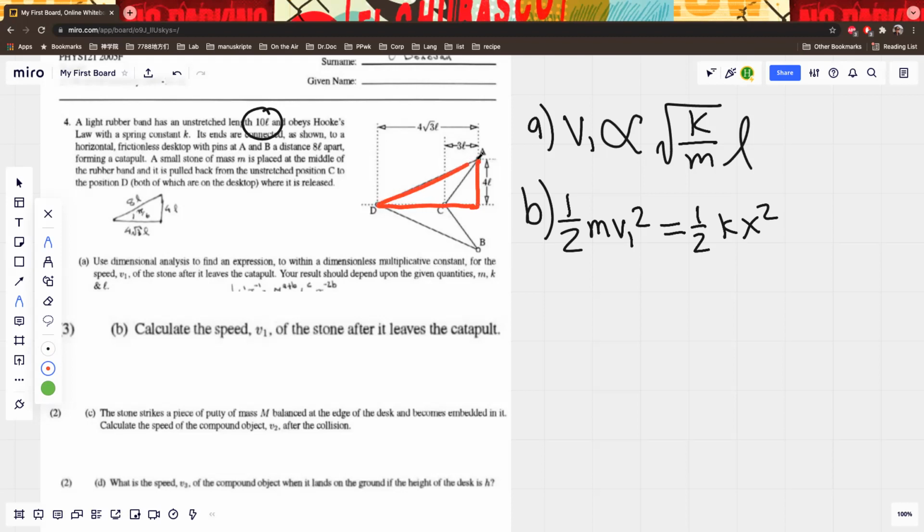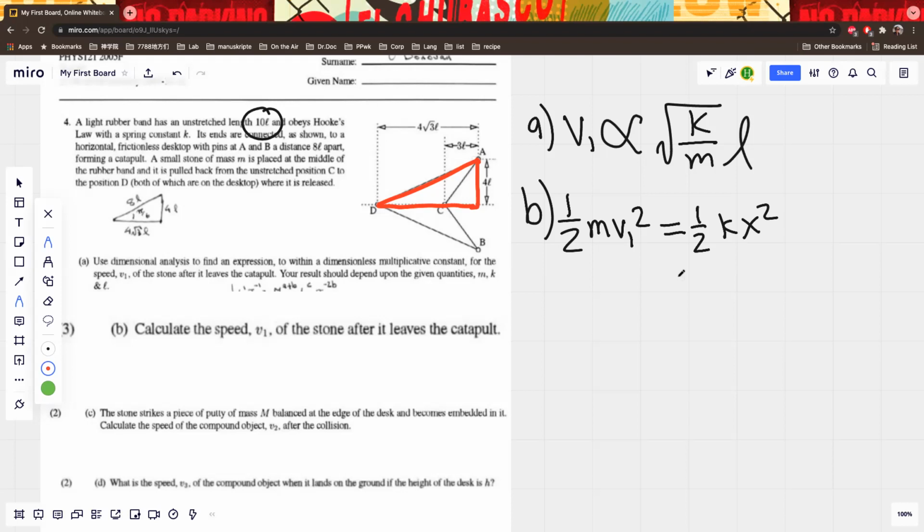Did you work this out? Oh yeah, we did figure out the Pythagorean length. Yeah, but it was a nasty formula. We had to simplify it and everything, right? If you simplify everything, we should end up getting 16L. Do you want to go through that, or do you want me to just use 16L? I think 16L is fine.